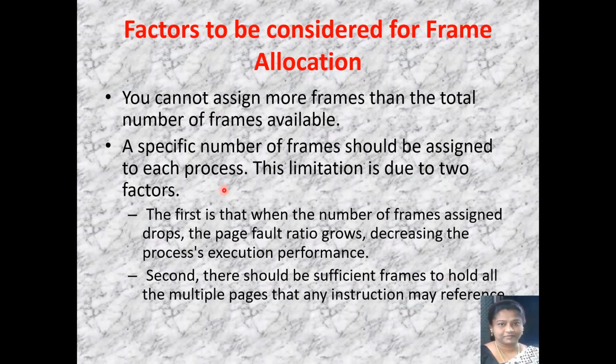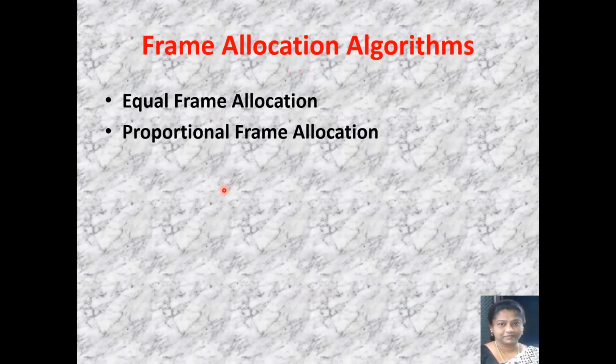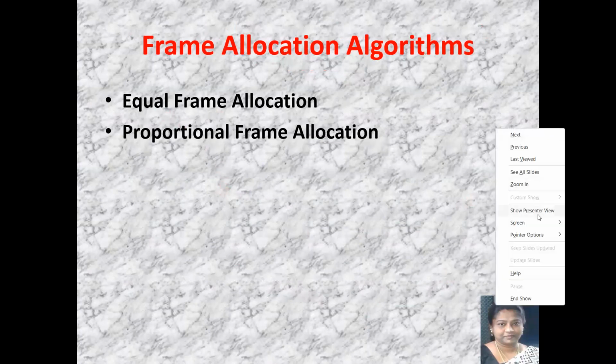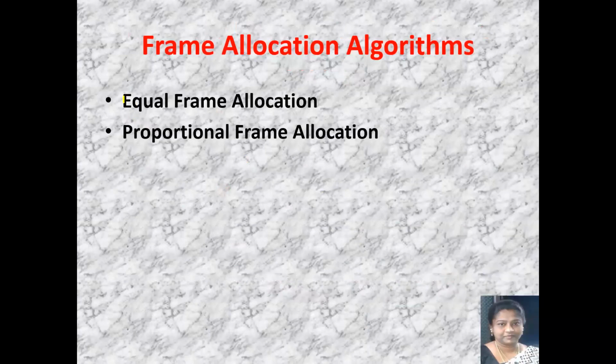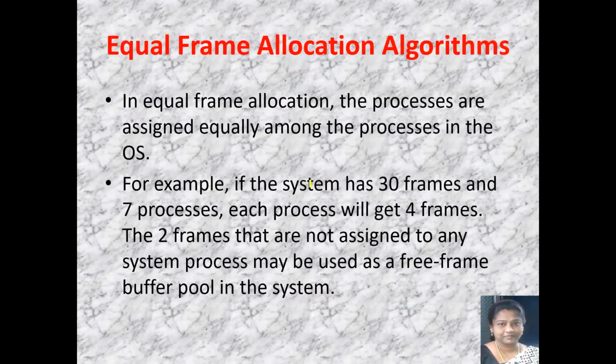So these are the factors to be considered while doing frame allocation. Now, the OS uses 2 main frame allocation algorithms called equal allocation and proportional allocation. The first algorithm is called equal frame allocation, and the second algorithm is called proportional frame allocation. Let's see each one in detail now.